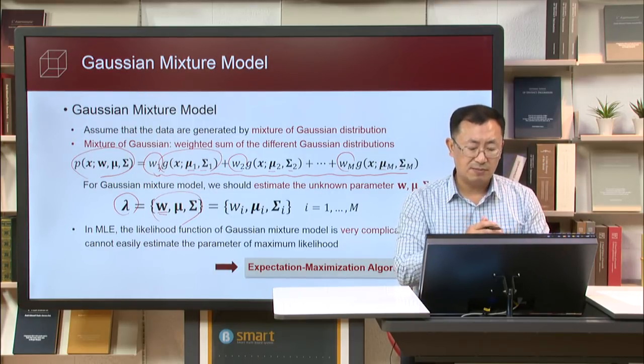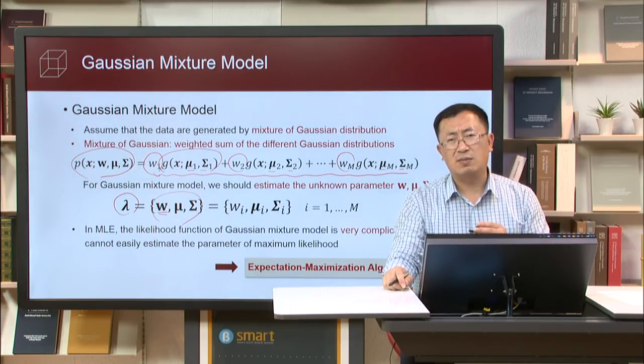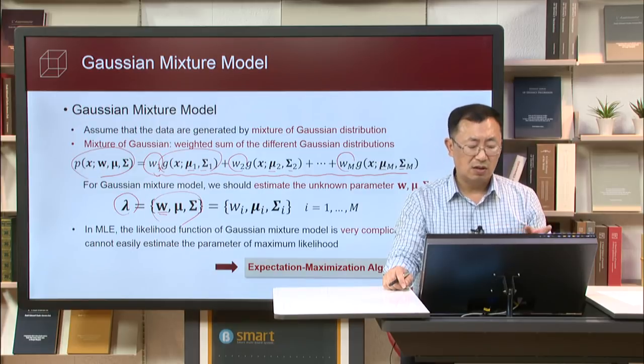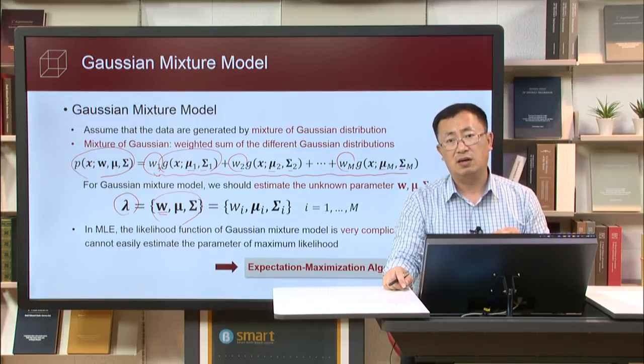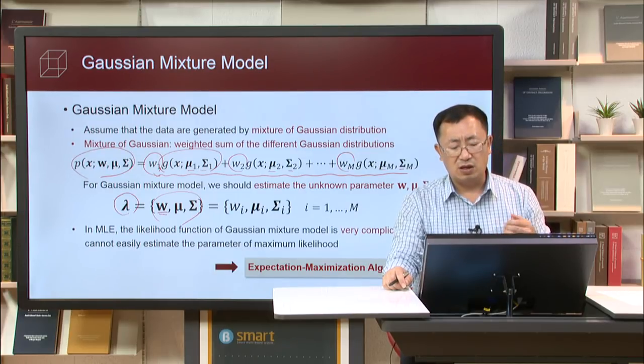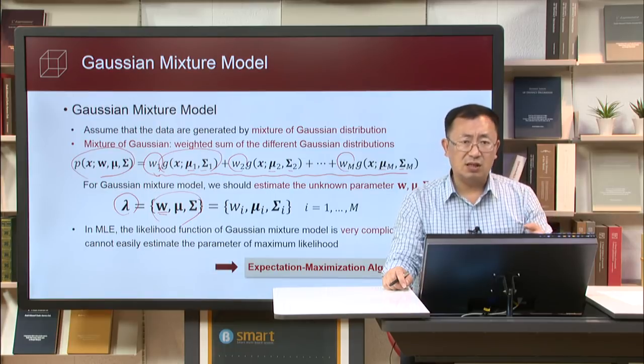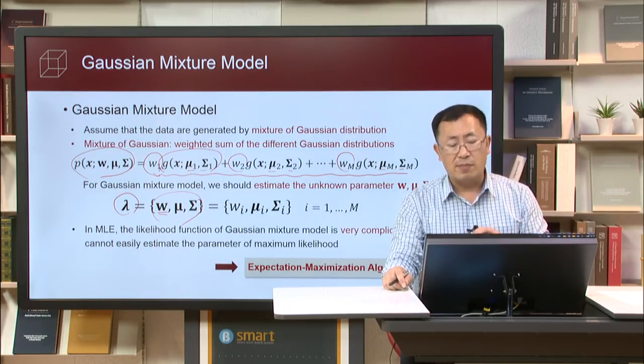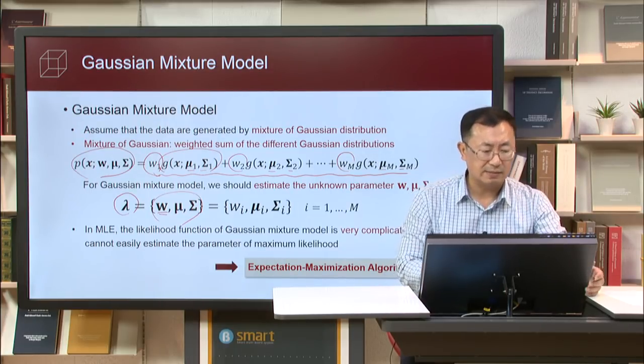But the problem is the likelihood function of the Gaussian mixture model is somehow complicated, so it is somehow difficult to estimate the maximum likelihood parameters. That's why we use an iterative algorithm called the expectation maximization algorithm, which will be explained in the next slide.